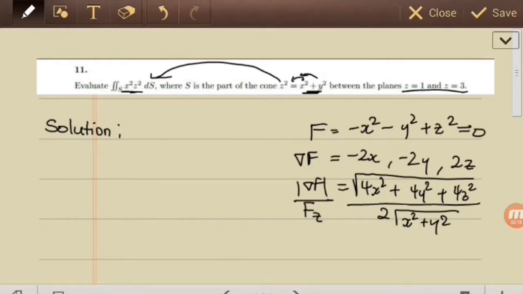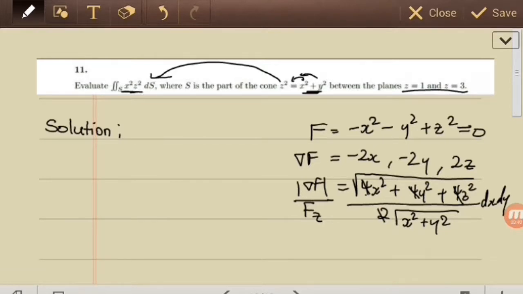That's fine. We can take out 4 as a common factor, and that will become 2, and this 2 will cancel out with this 2. So I can do something like this. That's fine. And then here is dx dy.